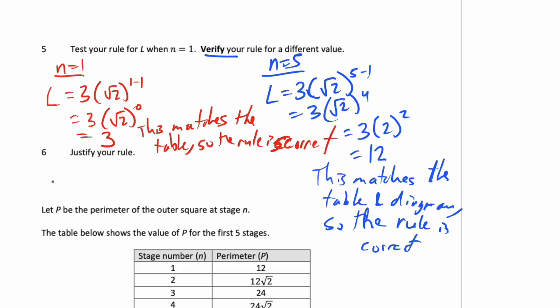Okay, justify the rule. You can explain here: 3 root 2 to the power of n minus 1. So the initial square has length 1.